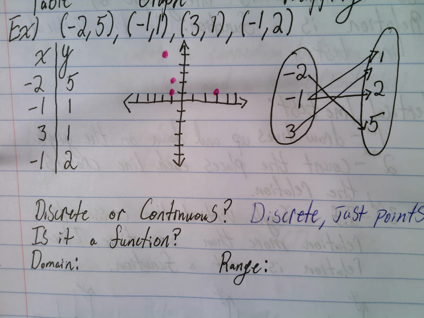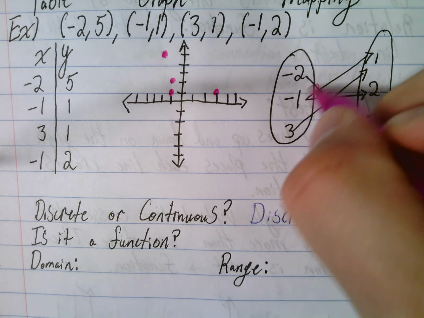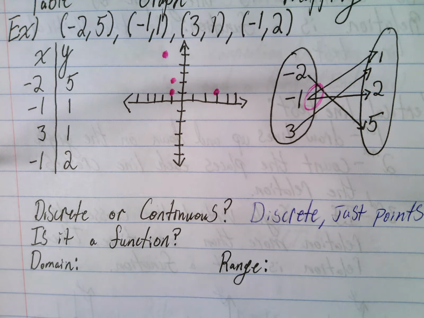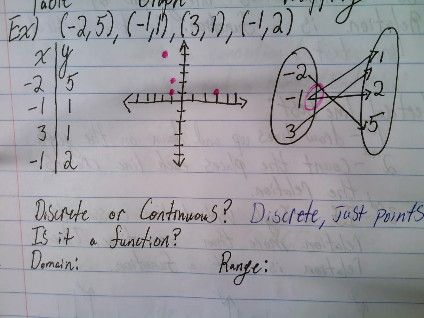What do we think? Is it a function? Tell me one way you know, Cruz. Okay, good. So we could say that since negative 1 goes to 1 and 2, it's not.